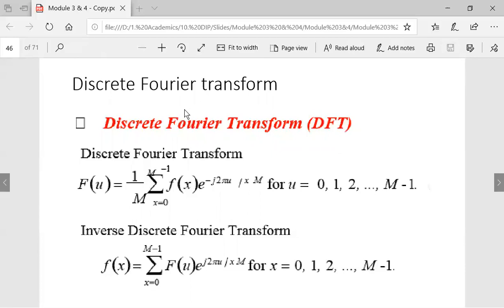So ux is for the single dimension, then ux plus vy is for two dimensions.